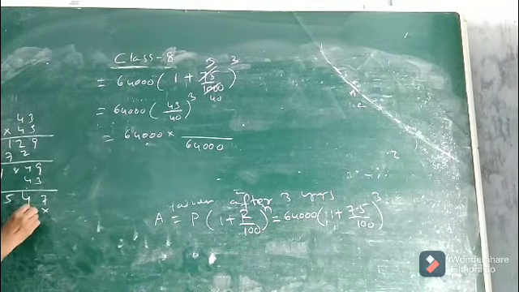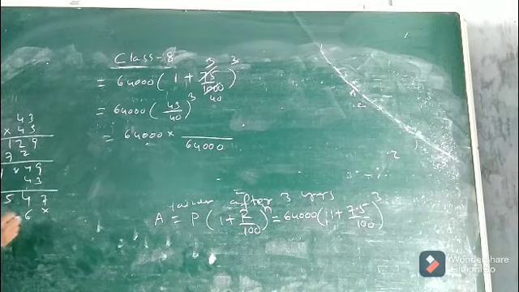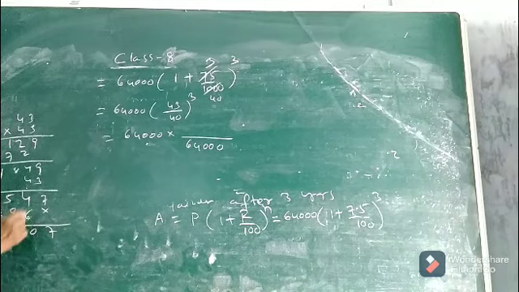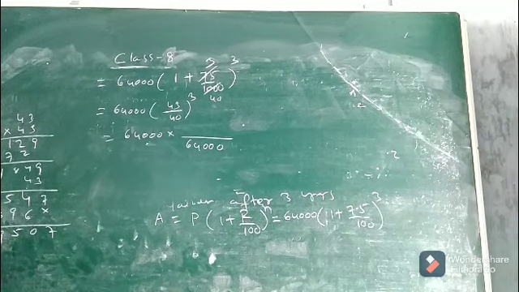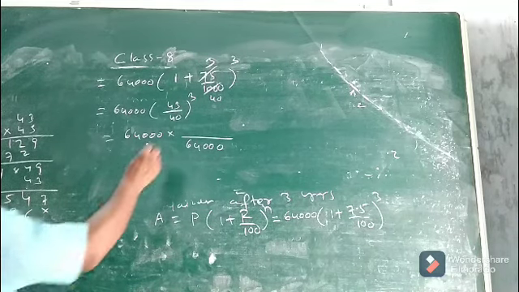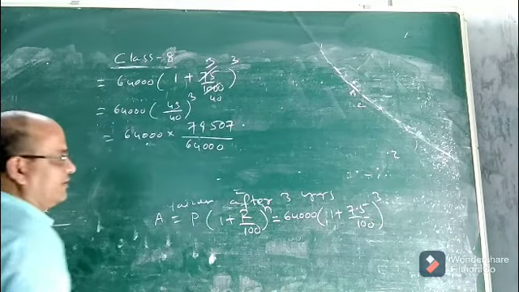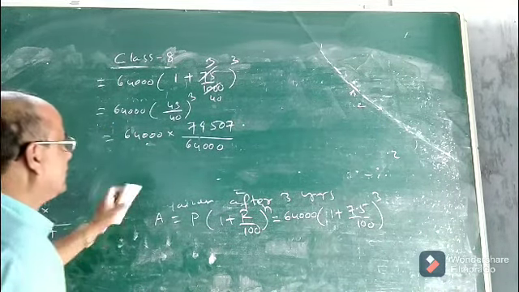Now 4 times 9 is 36, carry 3, 4 times 4 is 16 plus 3, 19, carry 1, 4 times 8 is 32 plus 1, 33, carry 3, 4 times 1 is 4 plus 3, 7. Now you add, and it is 79,507. So this will be the cube of 43.